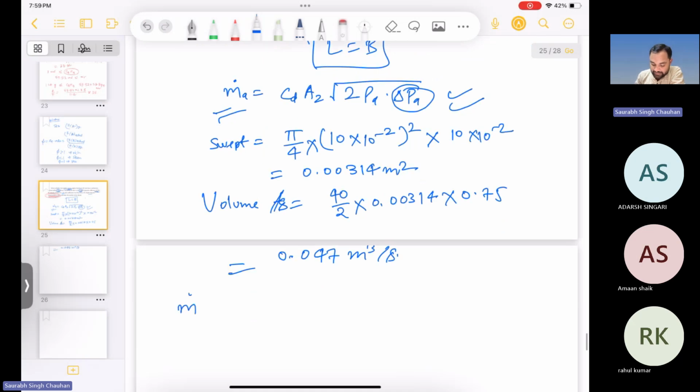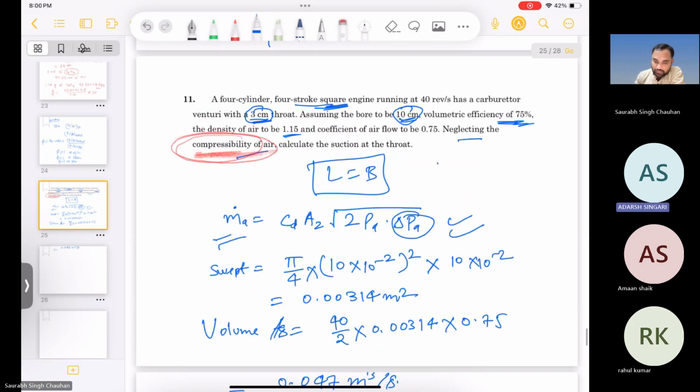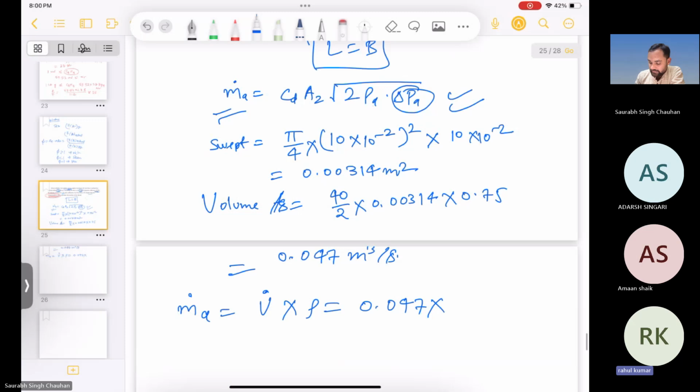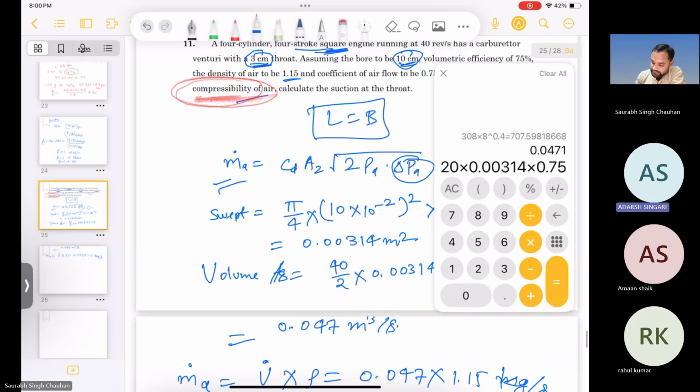So what will be the mass flow rate now? Just volume flow rate multiplied by the density, right? So 0.047 into density, how much? 1.15 kilogram per meter cube. So 0.054.